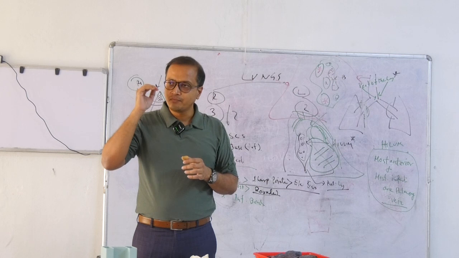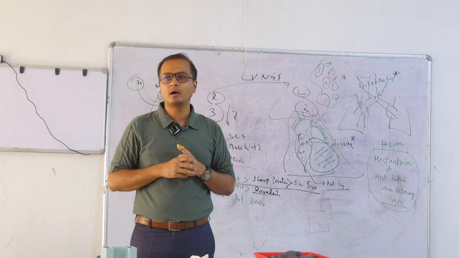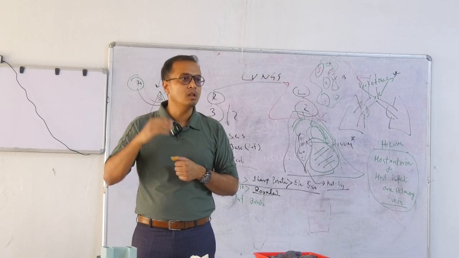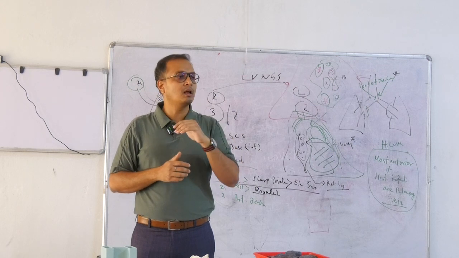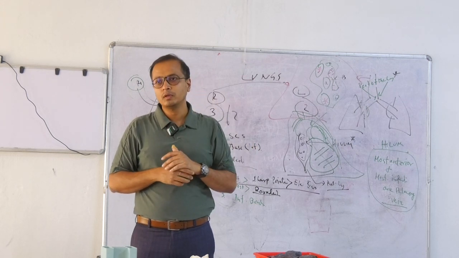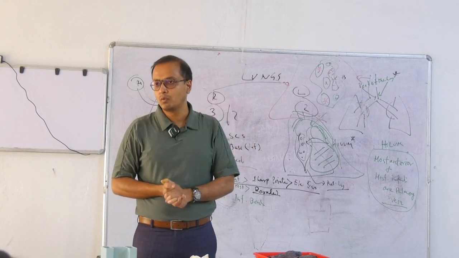There is a fissure or cut margin within this lung which runs obliquely. We call it the oblique fissure. The oblique fissure splits the lung into an upper lobe and a lower lobe. Both lungs have one such fissure, splitting into one upper lobe and one lower lobe.